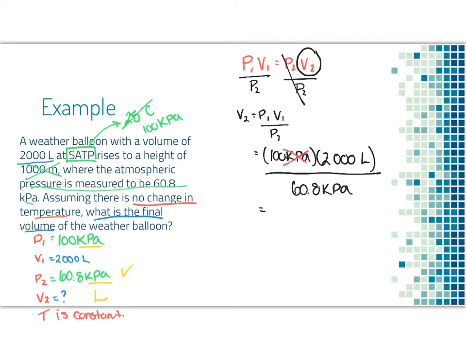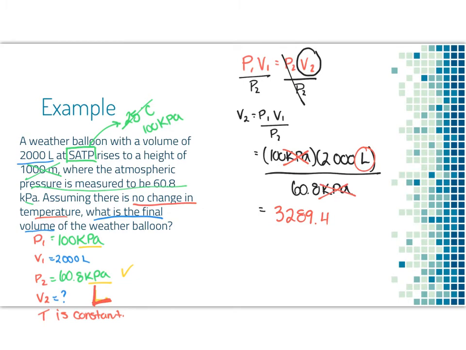Notice that the units of kPa cancel here, and the only unit I'm left with is liters. So that's how we get liters for our final unit of V2. 100 times 2,000 divided by 60.8 is 3,289.47 liters.